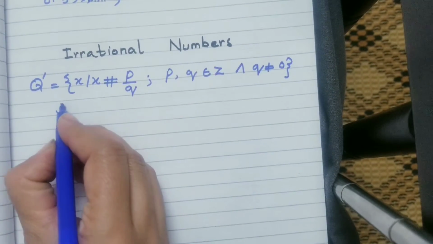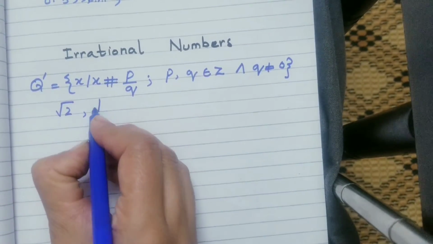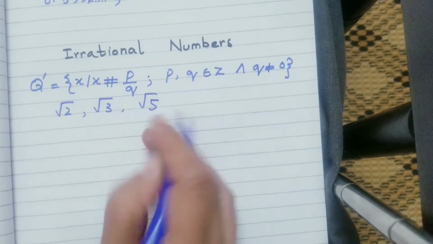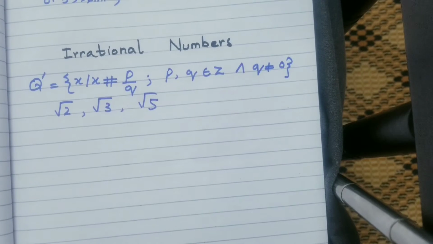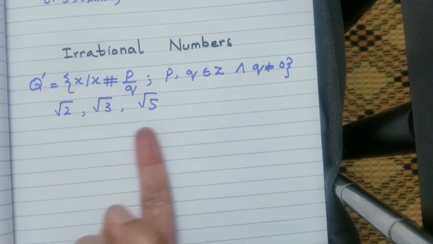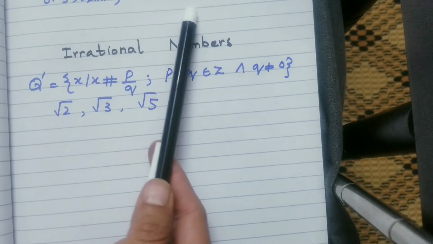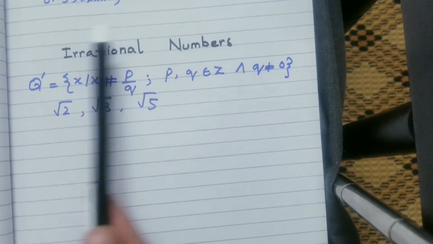If we write square root of 2, square root of 3 and square root of 5, all these numbers are irrational numbers, because if we find the square root of 2, 3 and 5, we will get a non-terminating and non-recurring form.